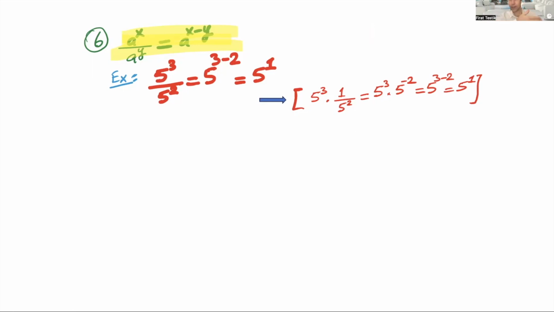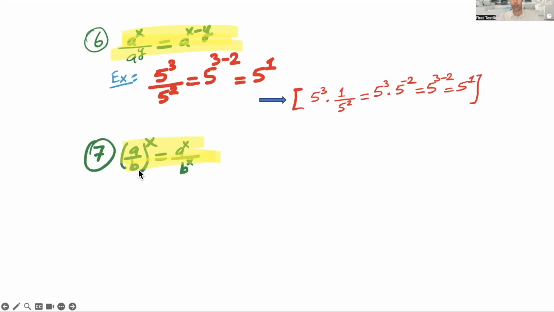So we can cancel these 5 times 5 terms from the numerator and denominator. This will leave us with only one 5 remaining in the numerator, which is 5, or 5 to the power 1. I didn't write it here, but if you want to show this really explicitly, you can write it as such.